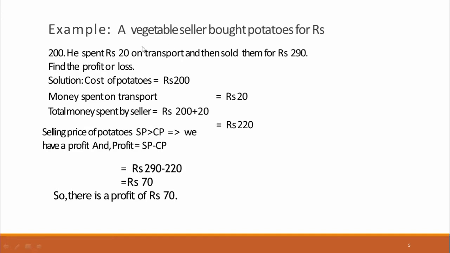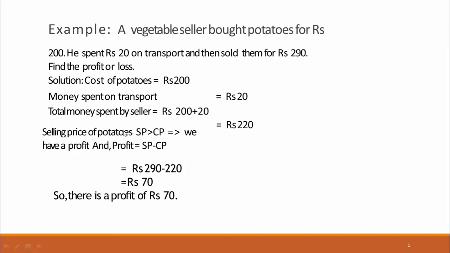The original cost of the potatoes is 200, and the money spent on transport is 20 rupees. So the total money spent by the seller, this is the total cost, 200 plus 20 is equal to 220.